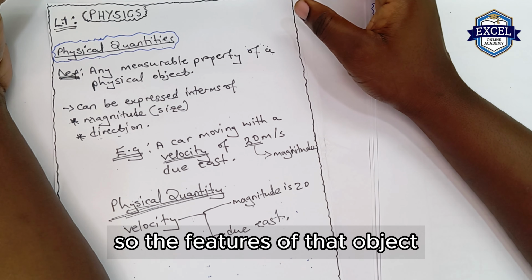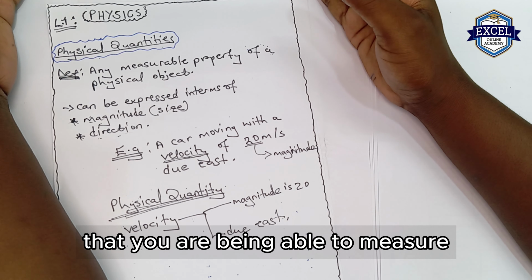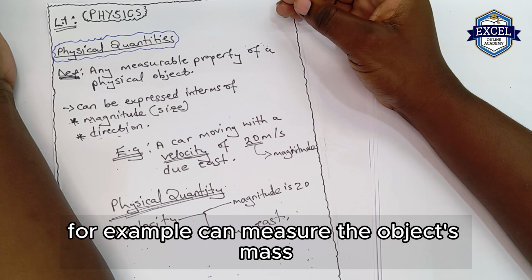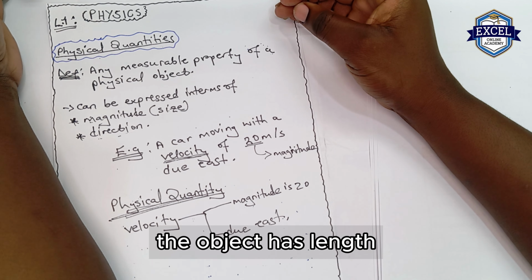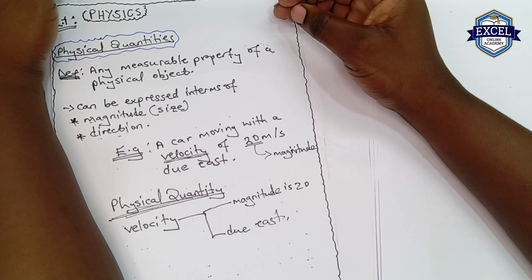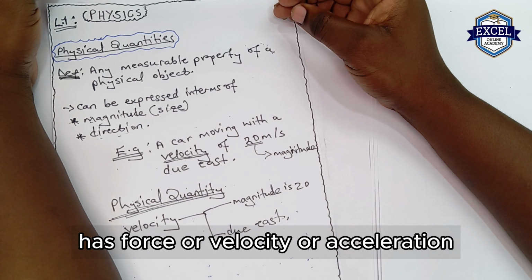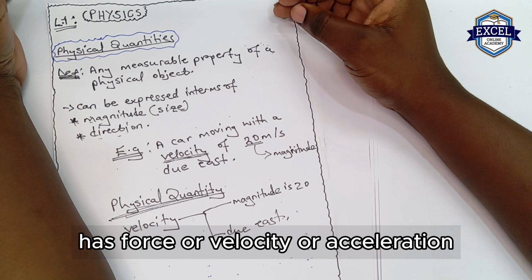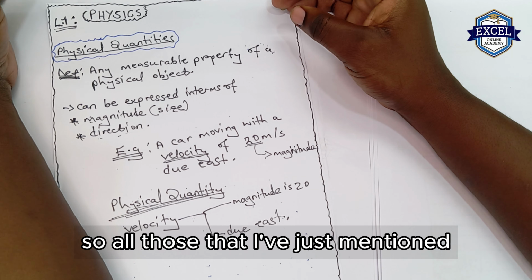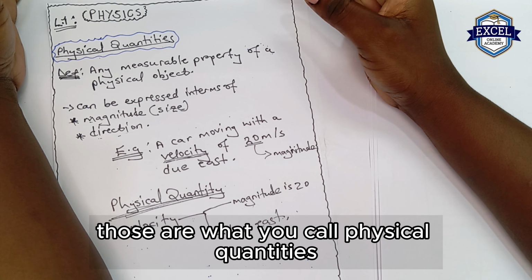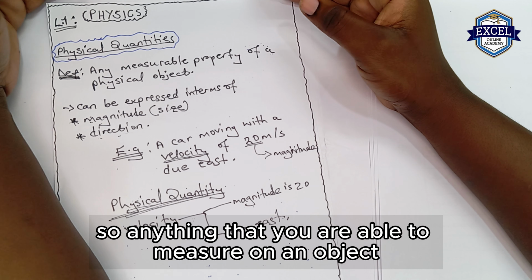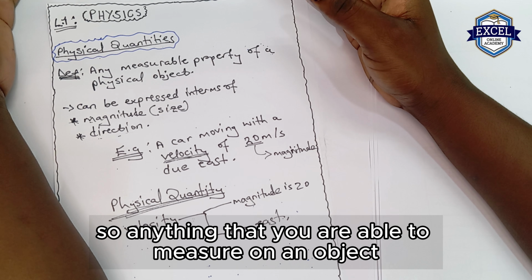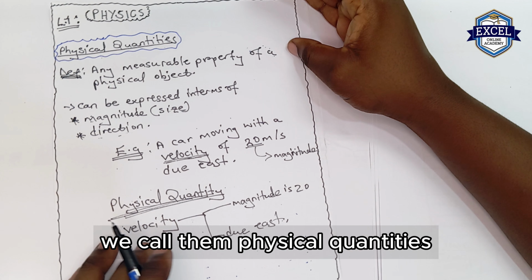The features of that object that you are able to measure, for example, the object's mass, the object's length, force or velocity or acceleration. All those that I have just mentioned are what you call physical quantities. Anything that you are able to measure on an object, we call a physical quantity.